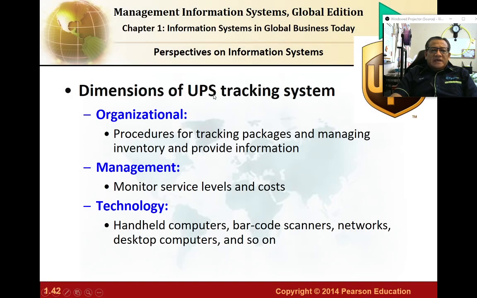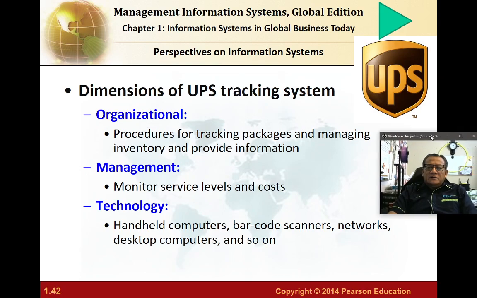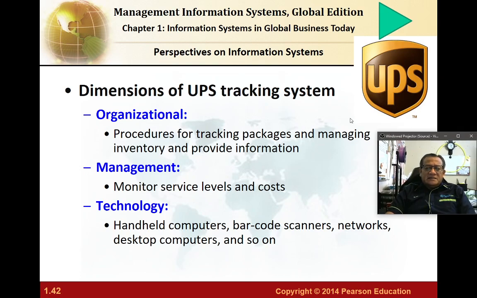Okay, the UPS tracking system. Because they are in logistics, normally they have to track their parcel delivery from, for example, the US to Europe, or from Japan to Malaysia. So they need to track their parcels, right? So customers can be updated on when to expect to receive their ordered products, right?